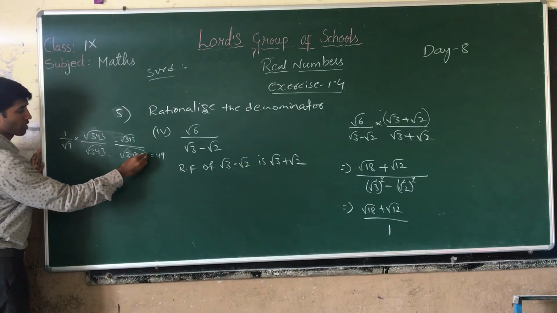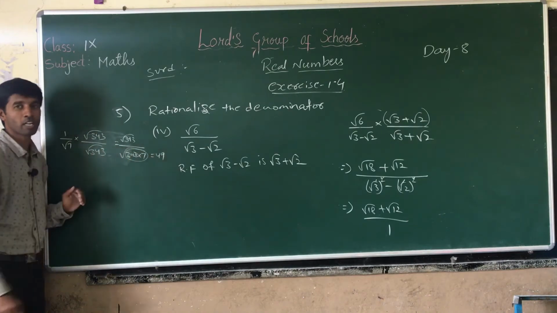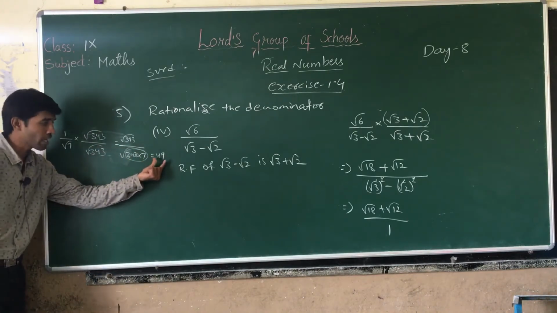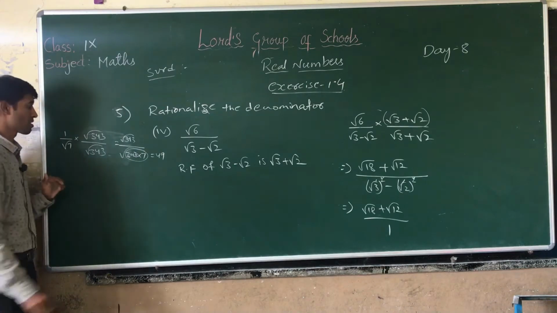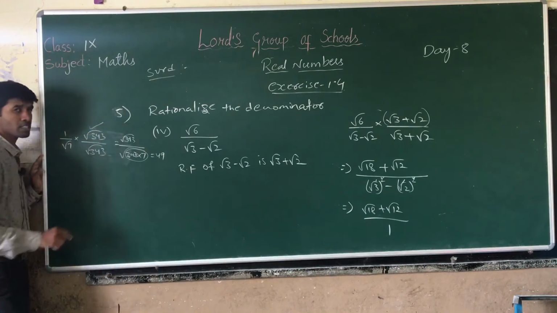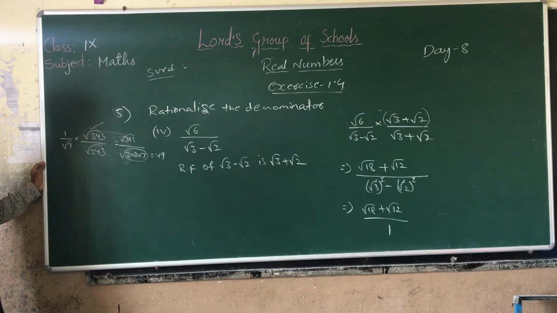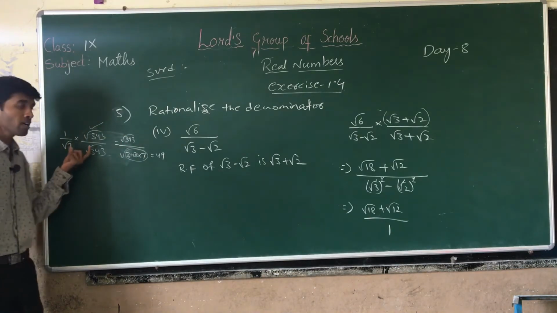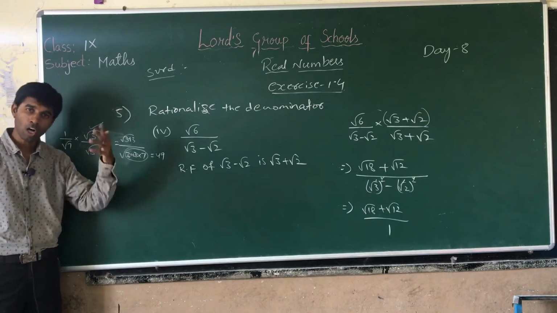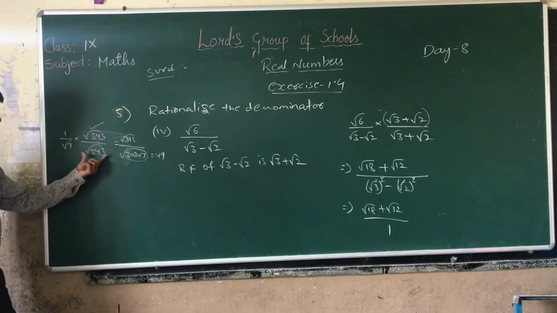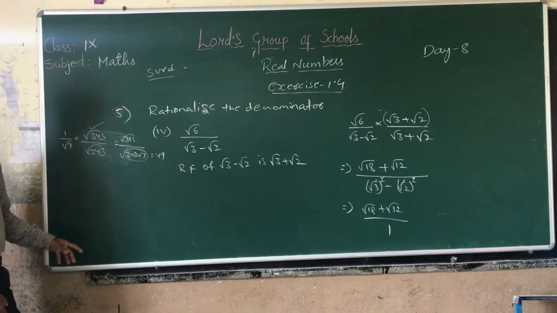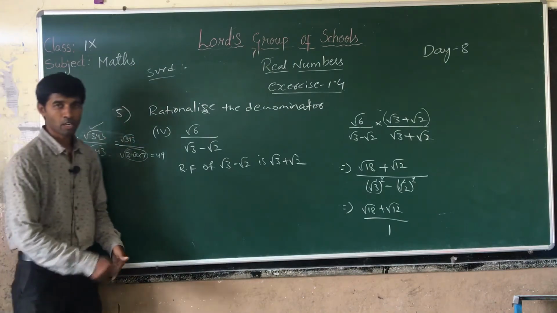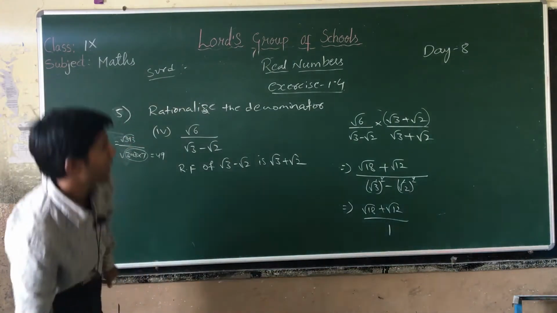The square root of 343 into 7 is 49. So 49 is also a rational number. So we will not have a rationalizing factor as a single number. We will have infinite values to rationalize the numerator or denominator. Like this we will have the rationalizing factor. This is how you have to do the fifth bit. Now let us go for the next bit.